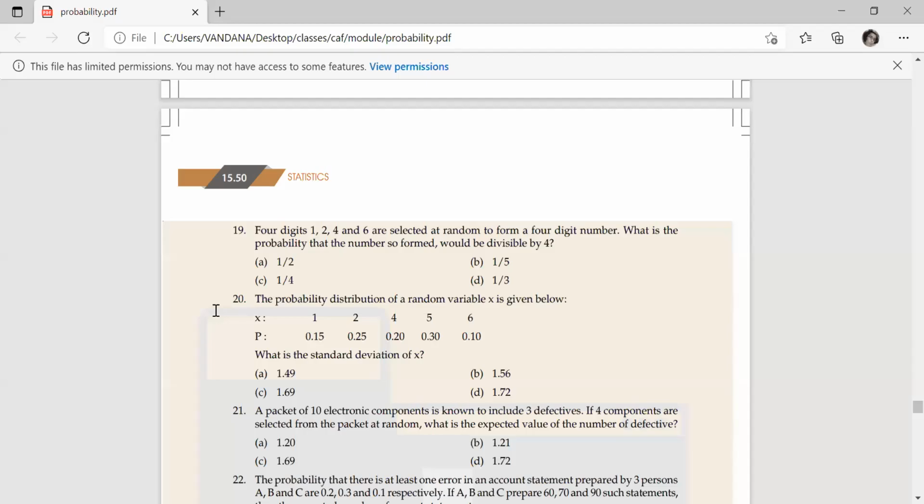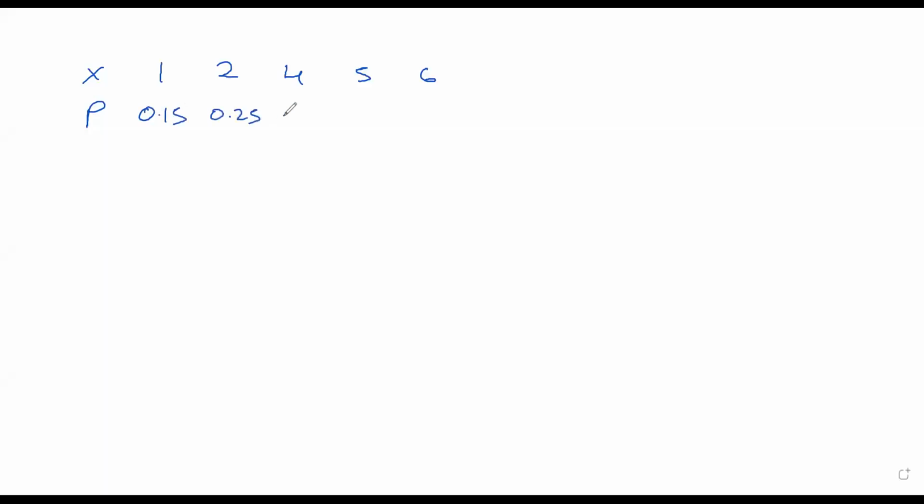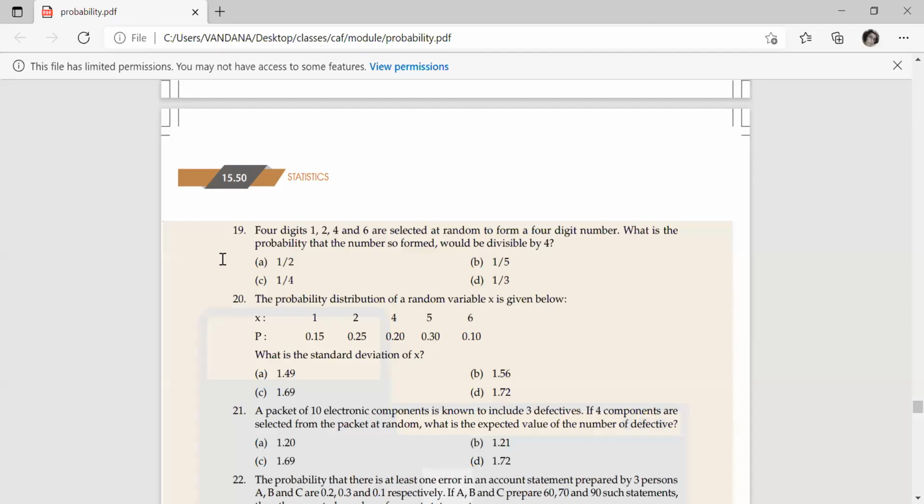X is 1, 2, 4, 5, 6. P is 0.15, 0.25, 0.20, 0.30, 0.10.